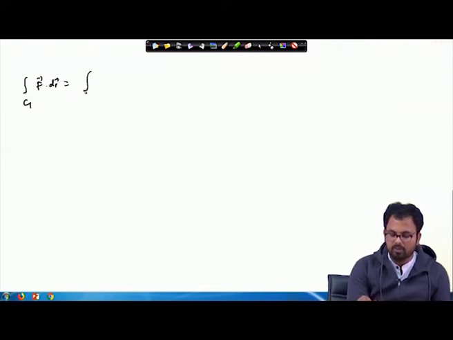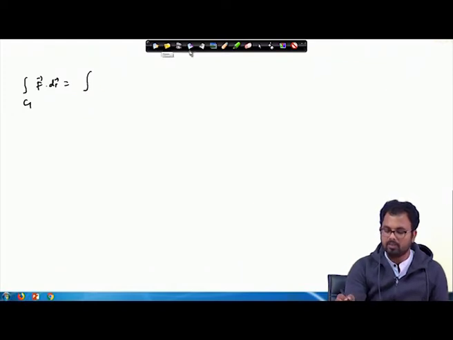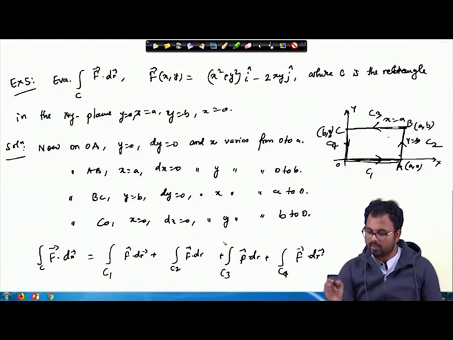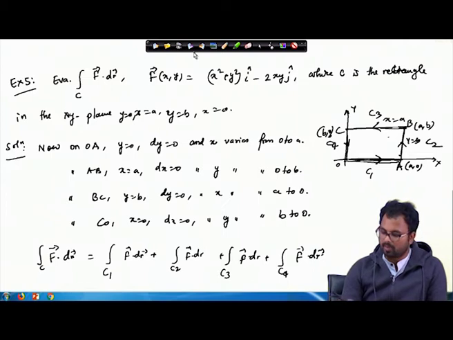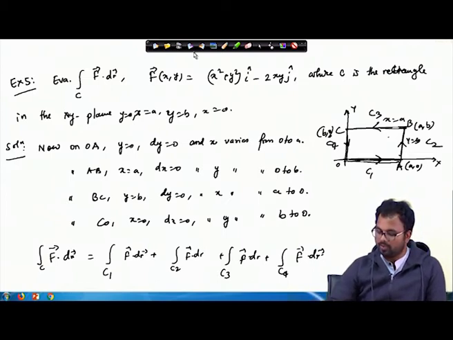On C1, x is varying from 0 to a, and our f is given by this equation. Now, on C1 y is 0, so dy is 0, and the terms containing y are 0.